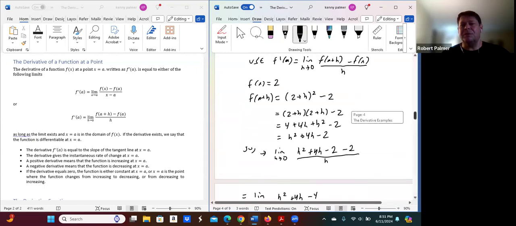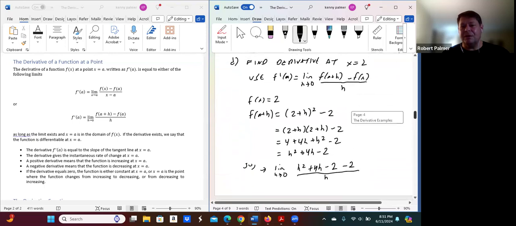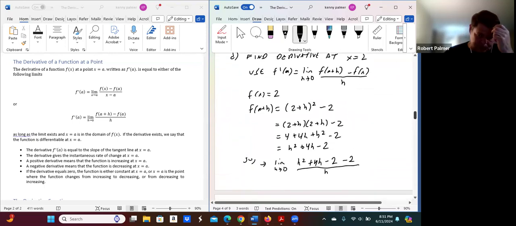Something looks a little bit off. Give me just a second so I can get the right answer.